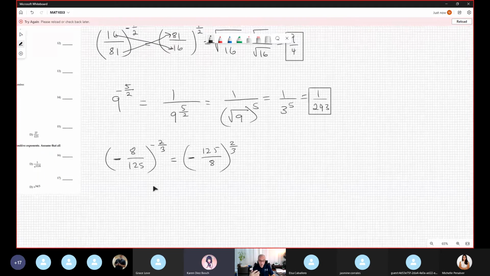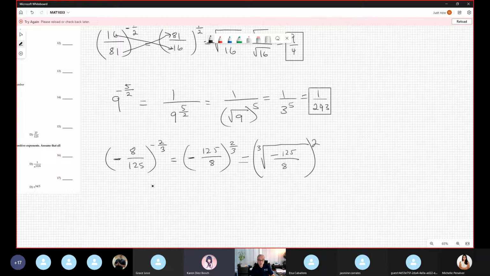Now, to see more clearly and understand much better, you transform this into radical notation. Actually, it's a cubic root. This 3 is this 3. Inside the root, we have 125, and you raise to the second power. I prefer doing the power outside.